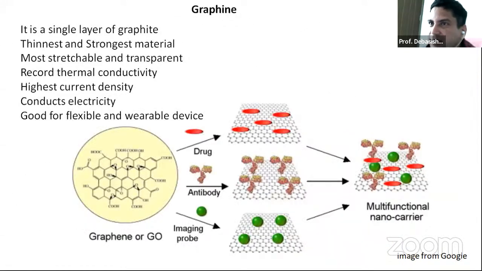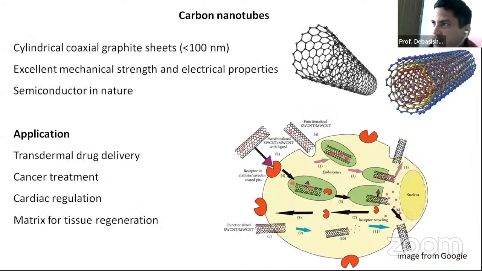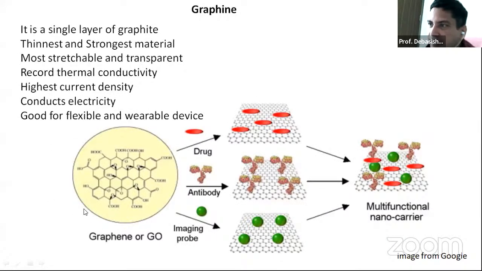And the second thing that people are nowadays interested in is graphene. If you just cut the carbon nanotube along the length, you will arrive at graphene. And graphene is the strongest material, the most stretchable and transparent material. It has record thermal conductivity and the highest current density, it can conduct electricity, and you can make very good flexible and wearable devices from graphene.